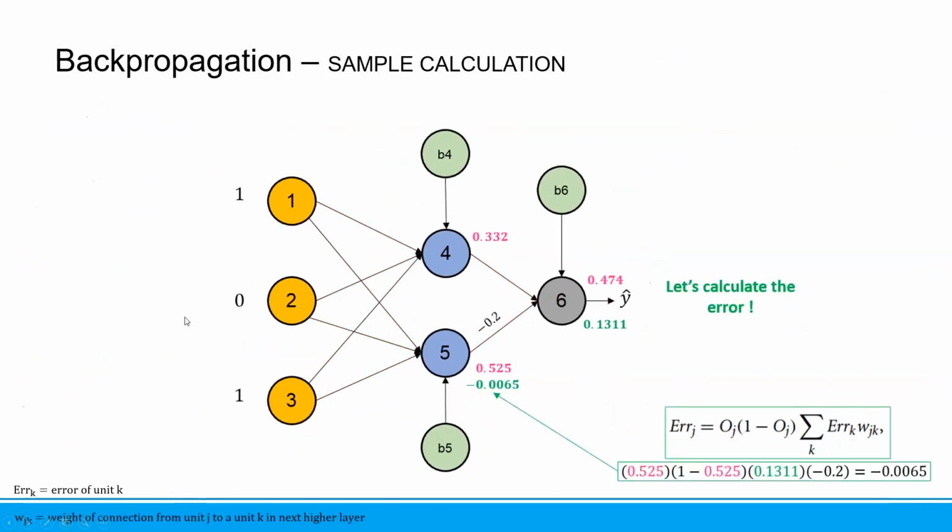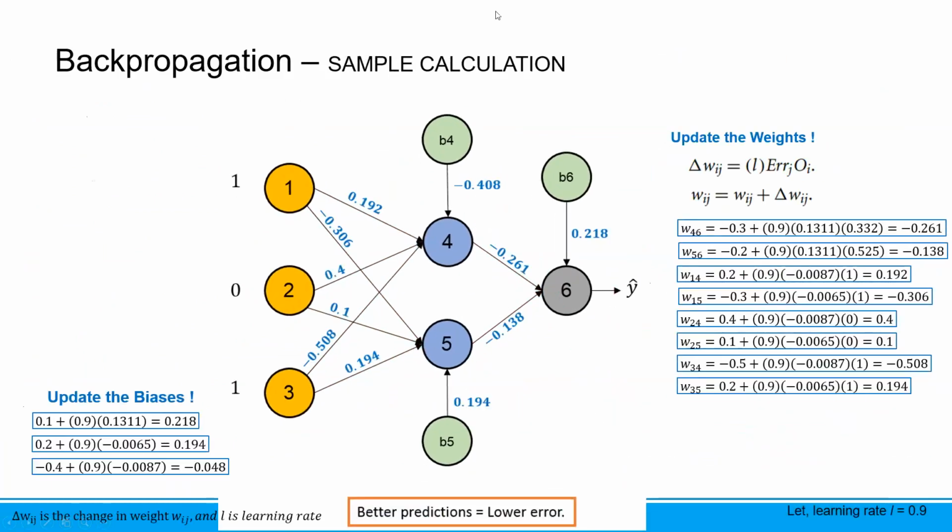By using the same formula, I can update 0.1. 0.1 is the bias here, plus 0.9, which is the learning rate, multiplied by 0.1311, which is the error. This is the error in the unit 6. And then the value 0.218 will be the new bias.